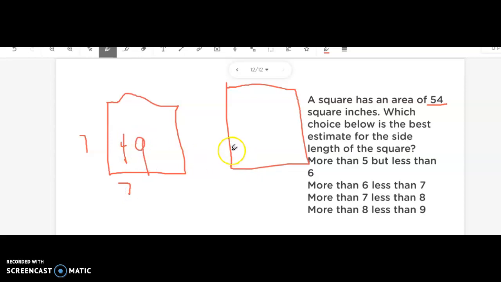And then we have an 8 by 8, which is 64. Okay, so now the area of this square is 54. So this is 49 and this is 64. Does 54 fall in between the two? Yes, it does. So the answer for that one would have been C.